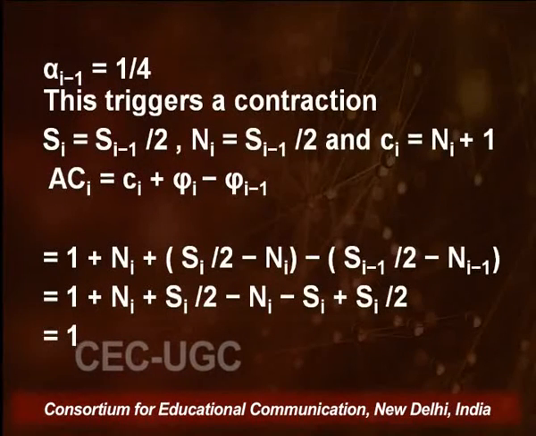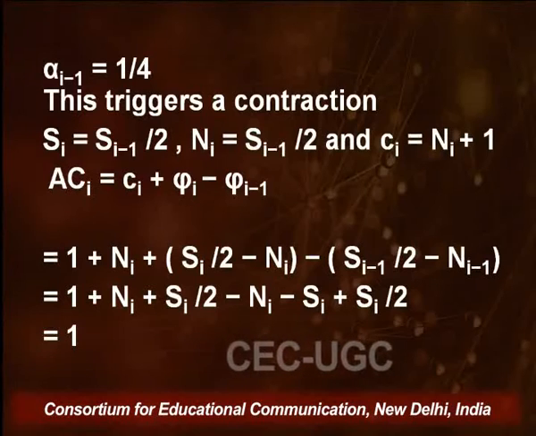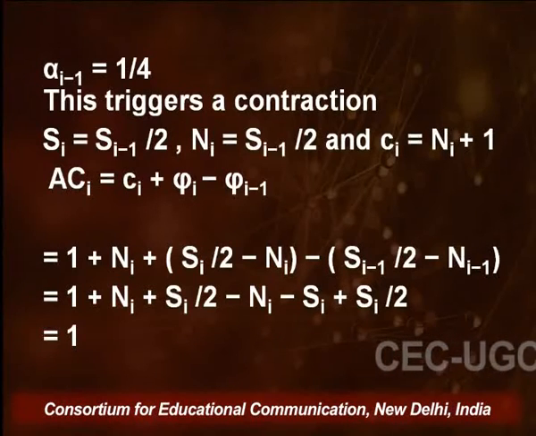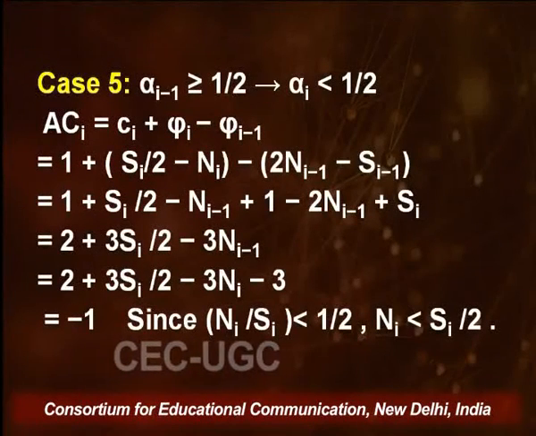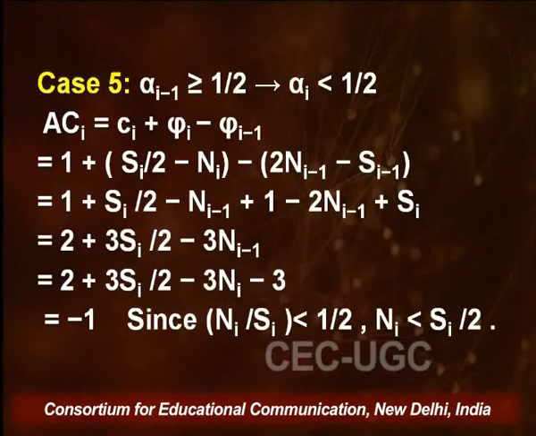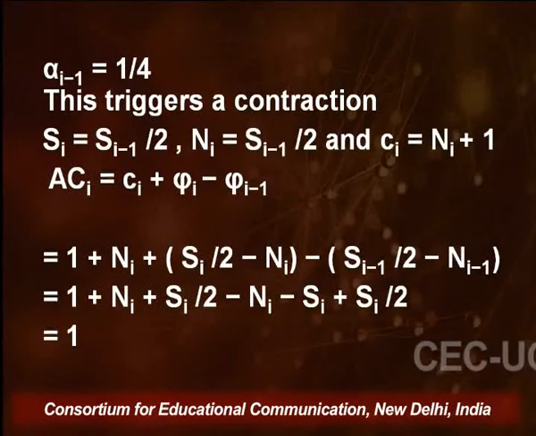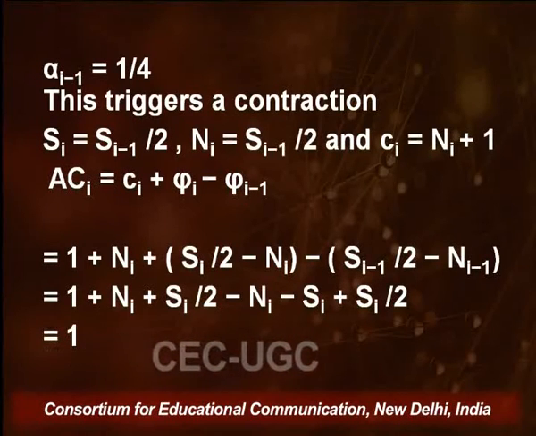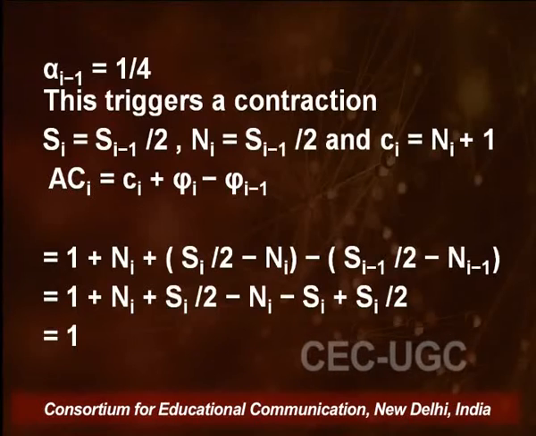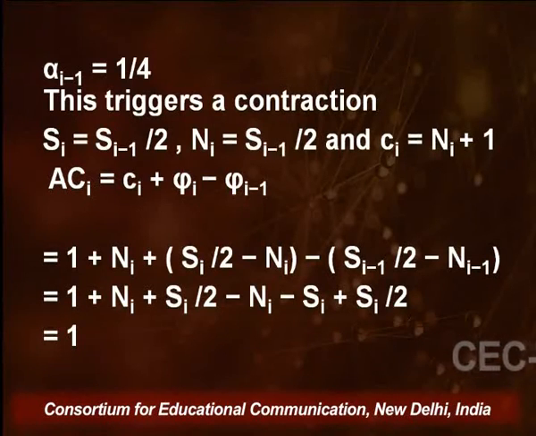Now, let us say, to be very particular, when my alpha i−1 is equal to 1/4. Earlier we have seen alpha i is greater than or equal to 1/2. Now, we have seen alpha i−1, that means the load factor before the deletion operation is exactly 1/4.